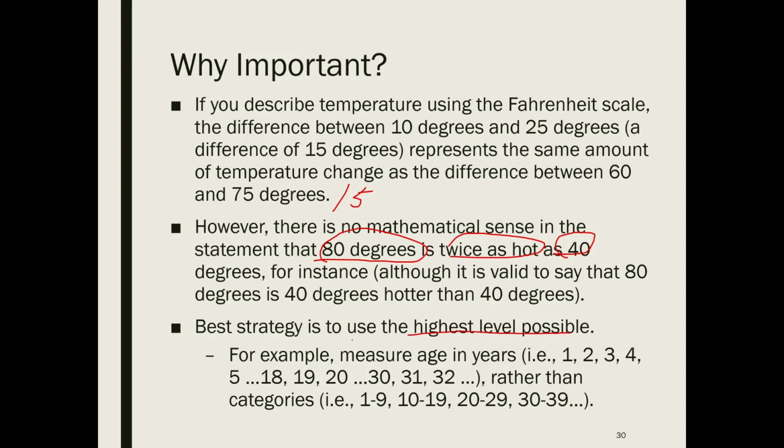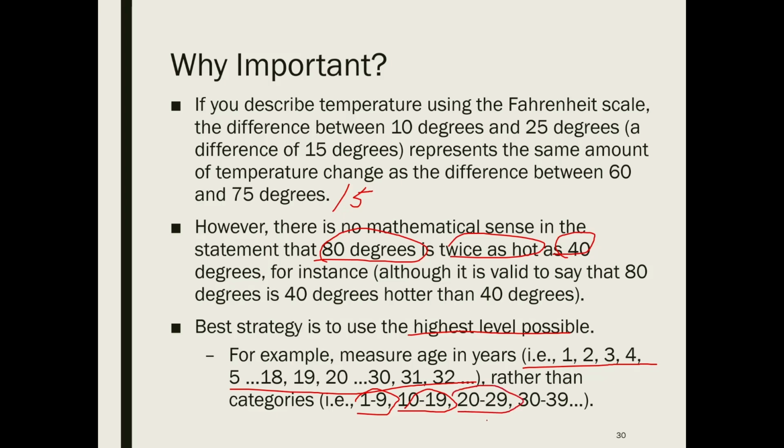Now, like I said, the best way is to use the highest level possible. For example, if you have a survey asking people's age, make sure you have them write down their actual age, like 1, 2, 3, 4, 5. These are what we call continuous, ratio variables. Rather than give them choices like, what's your age? 1 to 9, 10 to 19, 20 to 29.